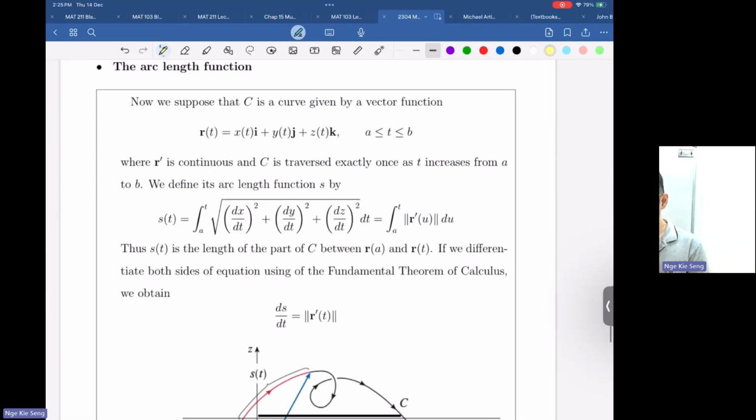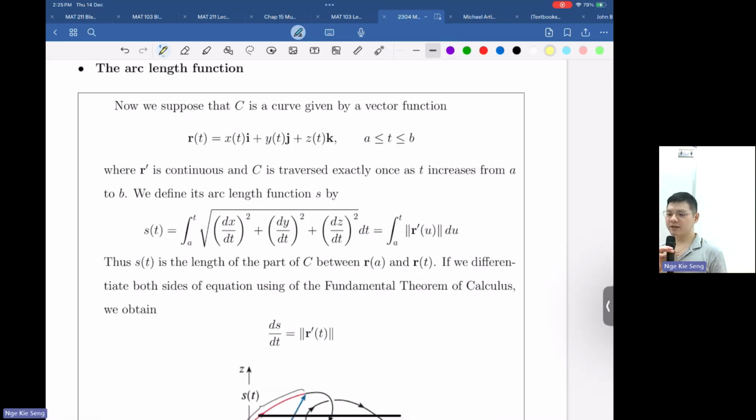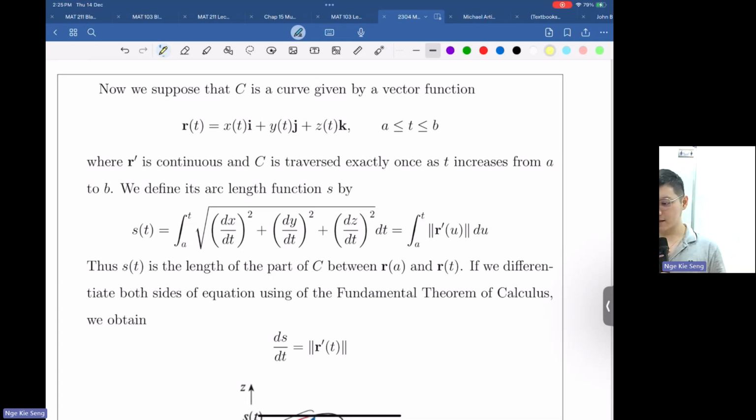So you can compute the length up to some t. This is the arc length function, we call it s(t). We compute from the starting point a up to some t. This is the arc length formula. Why do we need it?